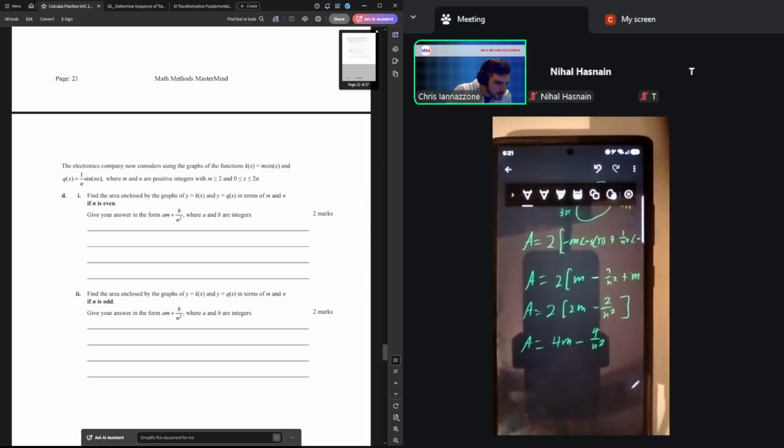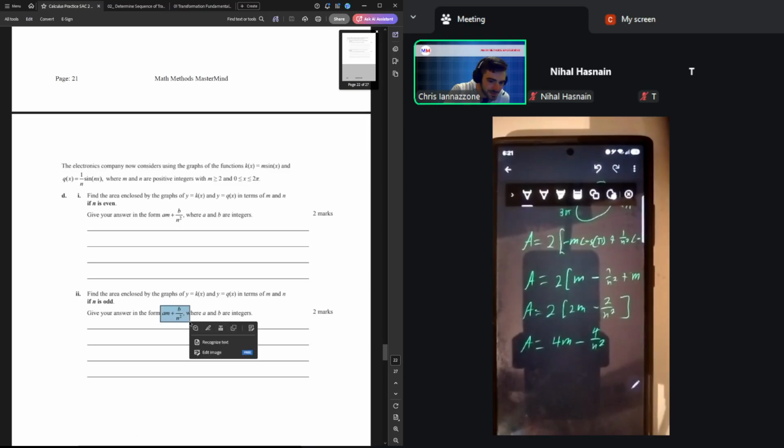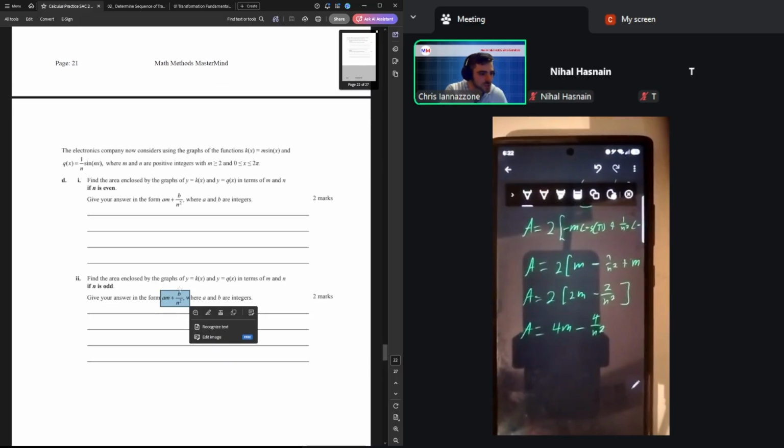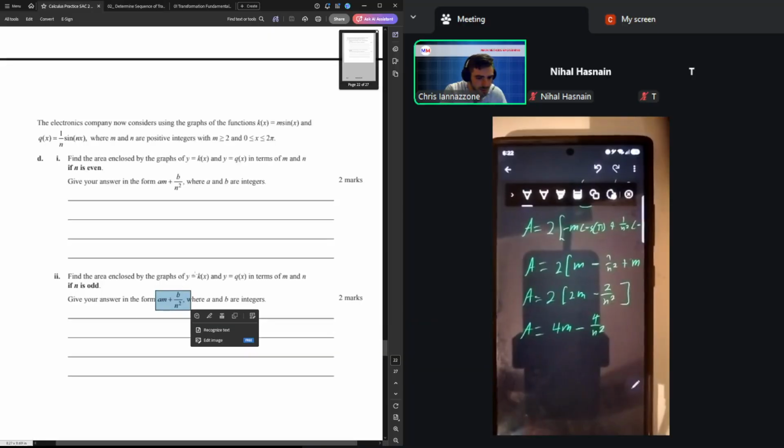Let me check that one. Oh, actually I did make a final answer mistake. Check the format of the question that it wants me to get my answer in. This is a correct algebraic answer, by the way. I didn't screw up again. But check the format of what's supposed to be given versus what I gave.